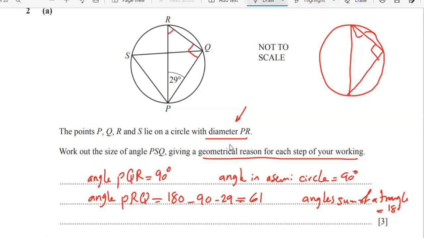So here it's going to be 61. So we can say that angle PSQ is the same as angle R, which is 61 degrees. And the reason for that is angles in the same segment are equal.